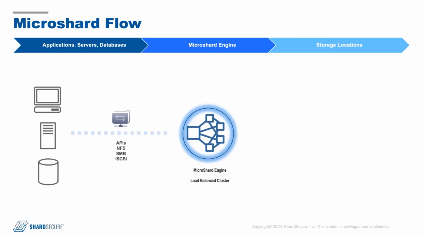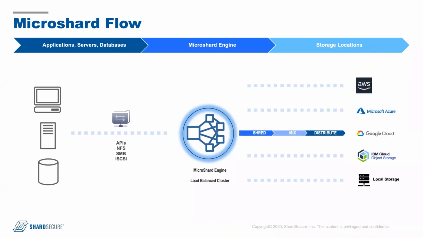They would connect to the Microshard engine just using your standard protocols, things like iSCSI, SMB, NFS, or even APIs like an S3 API, where the Microshard engine could be treated as an S3 bucket, for example. So you can think of the Microshard engine as a secure NAS front end to your back end storage.